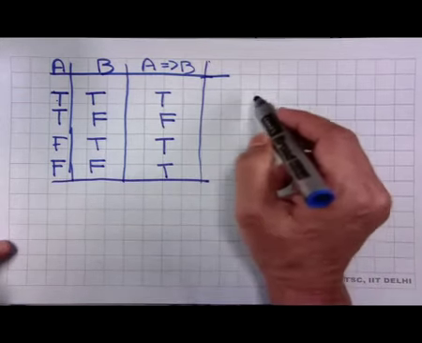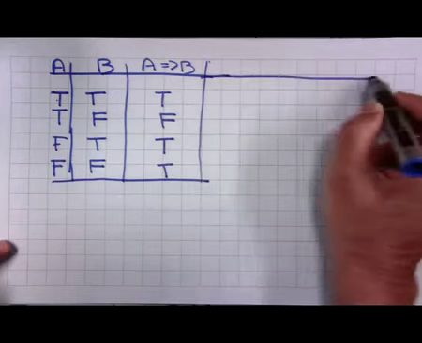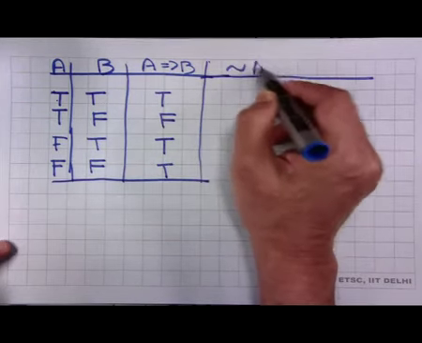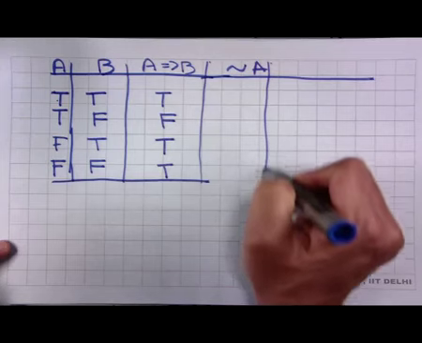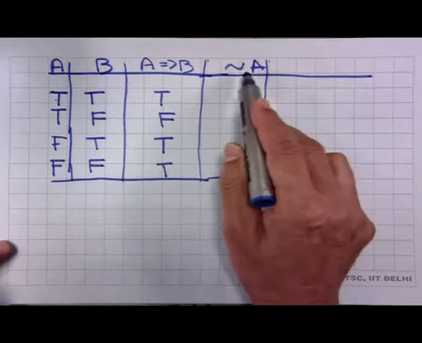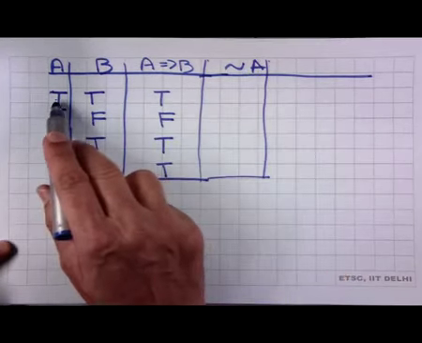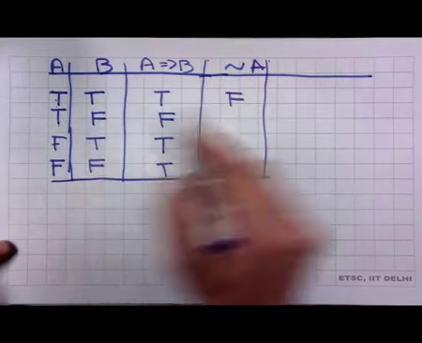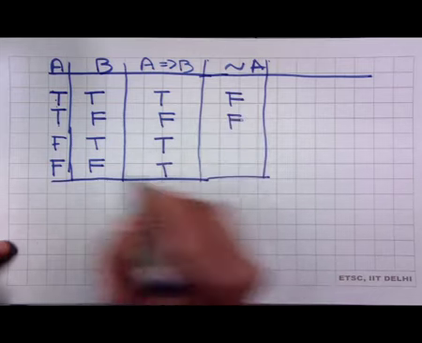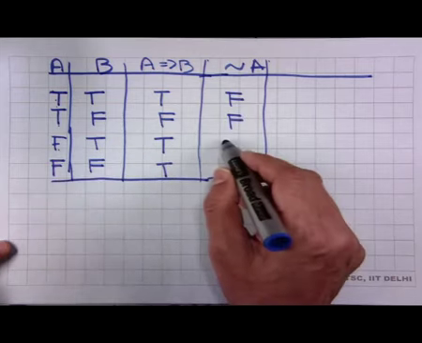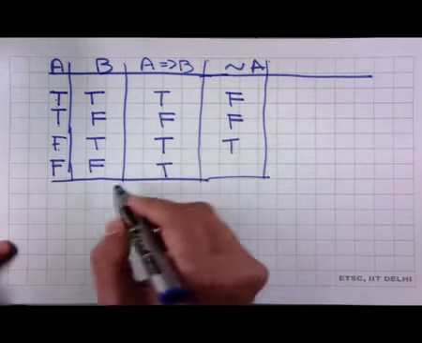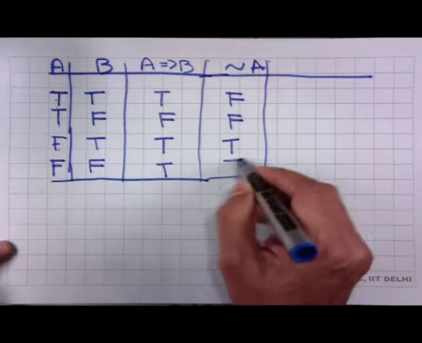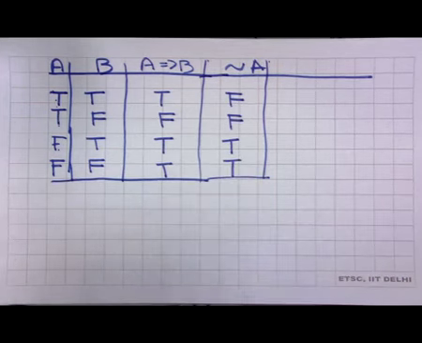Now, let us look at what is not A. Not A is going to be the opposite of A. So, when A is true, not A is false. When A is true, here also it is false. Here A is false, therefore, not A is going to be true, and here it is false, therefore, it is going to be true.